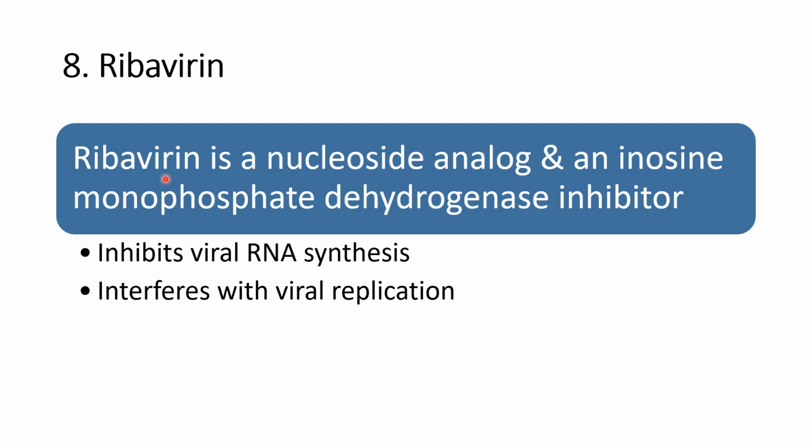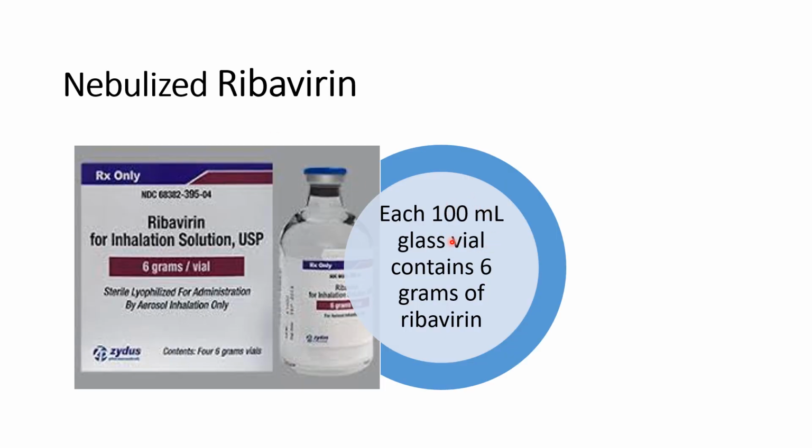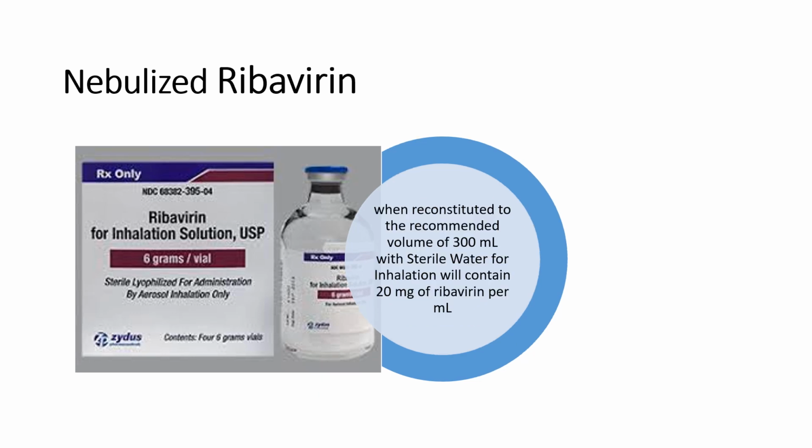Ribavirin is a nucleoside analog and an inosine monophosphate dehydrogenase inhibitor. It inhibits the viral RNA synthesis and interferes with the viral replication. A 100 ml glass vial of ribavirin contains 6 gram of drug and this should be reconstituted with 300 ml of sterile water.